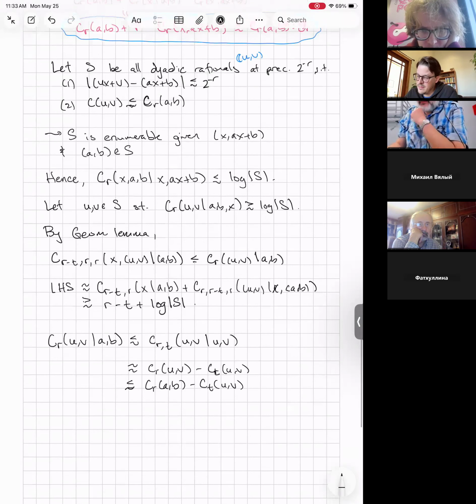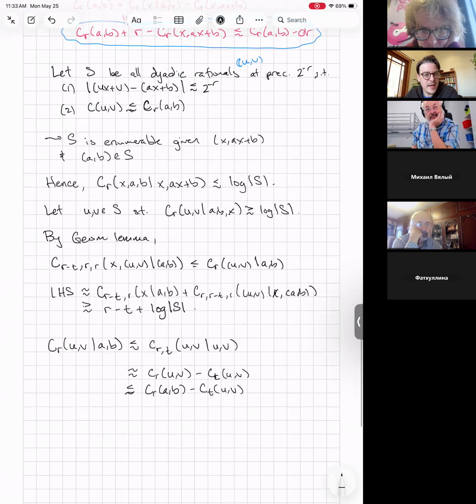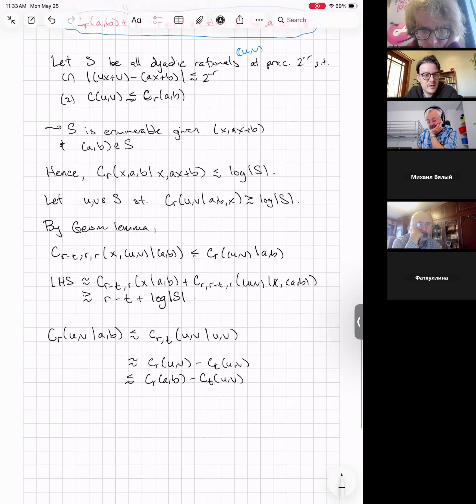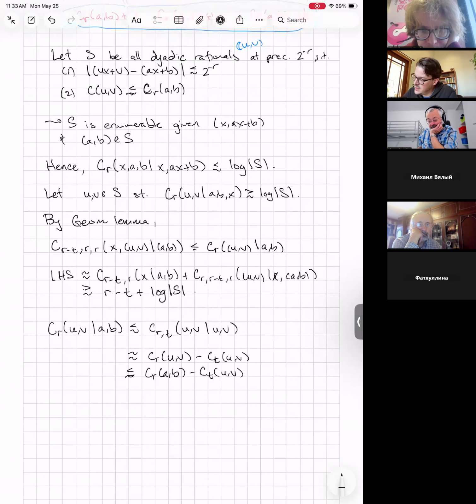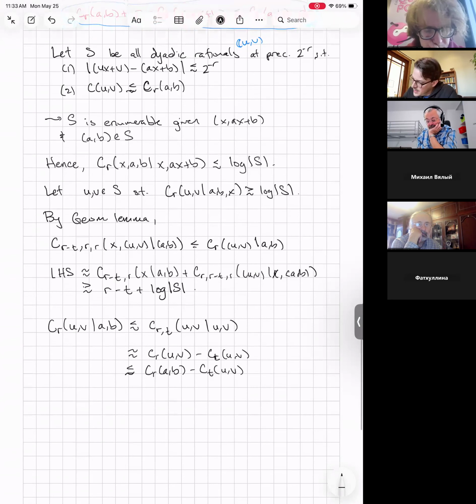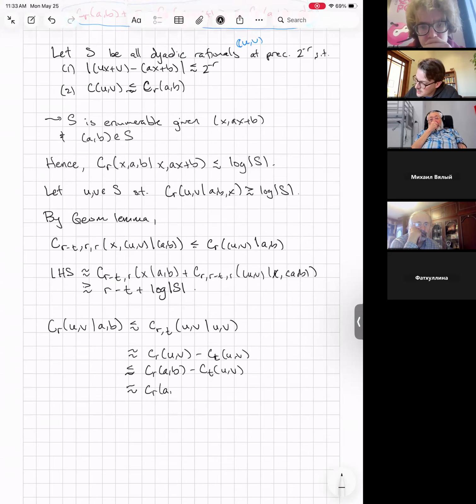That's by item 2 of my definition of S. And now, again, I'm using the fact that the first t bits of UV are the same as the first t bits of AB. So this is actually the same as that.